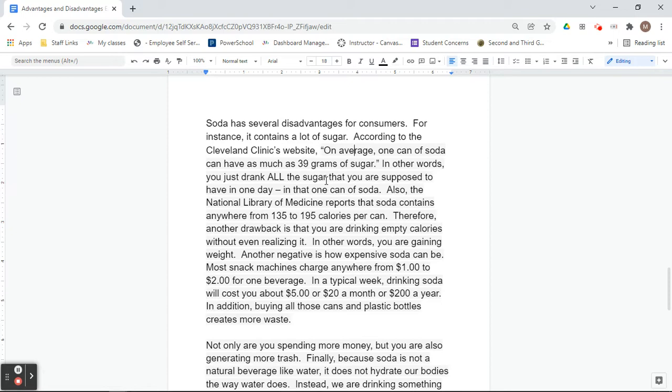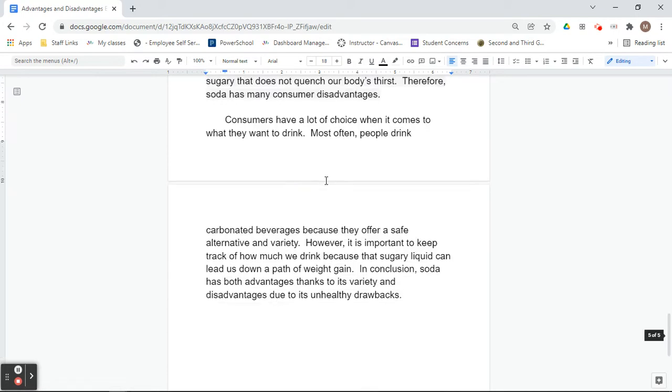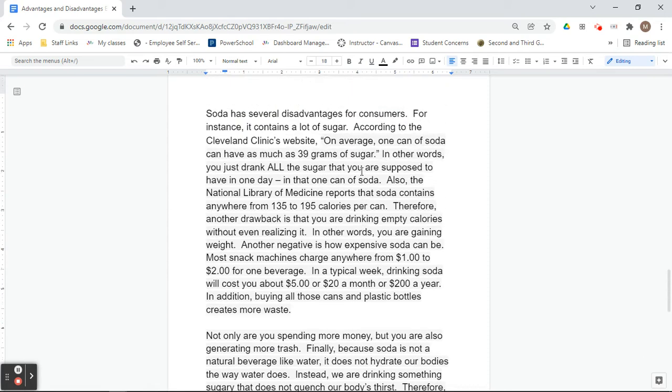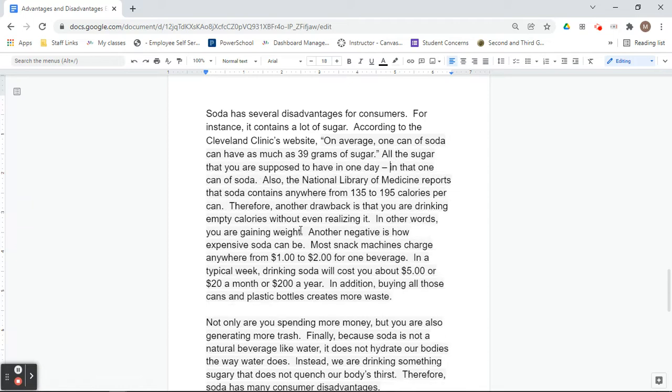According to the Cleveland Clinic's website, on average, one can of soda can have as much as 39 grams of sugar." In other words, all the sugar that you are supposed to have in one day was in that one can of soda.